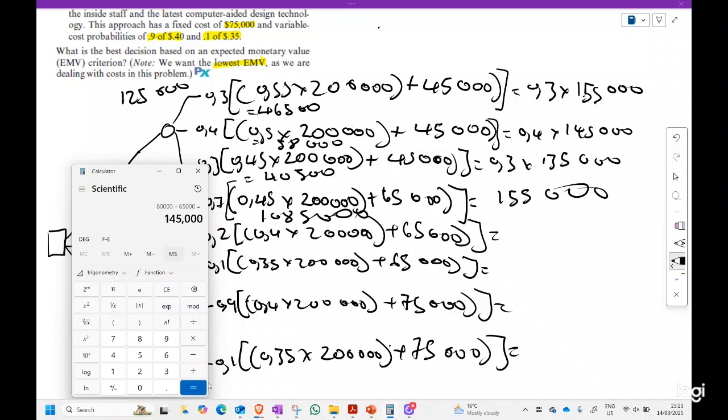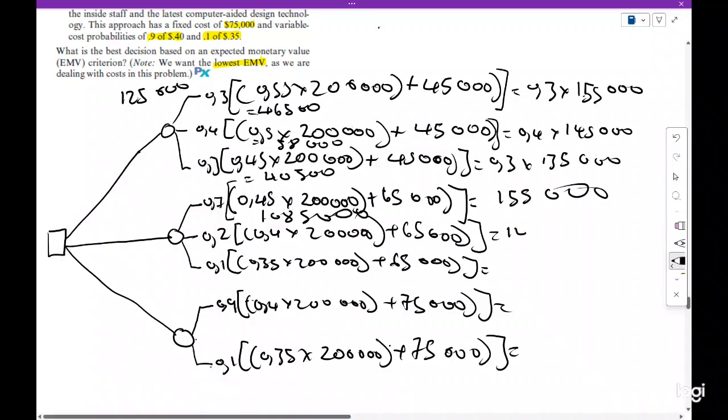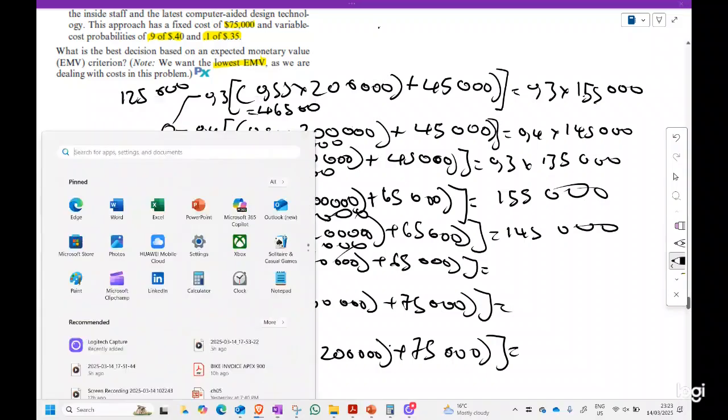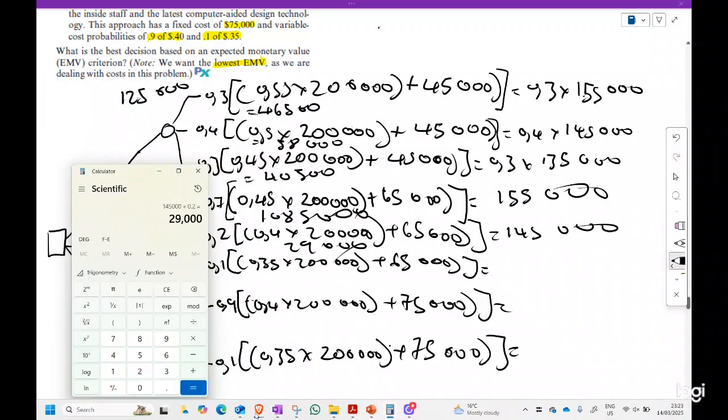Wow, 145. Multiplied by that. And 29 here. You can see a 5.